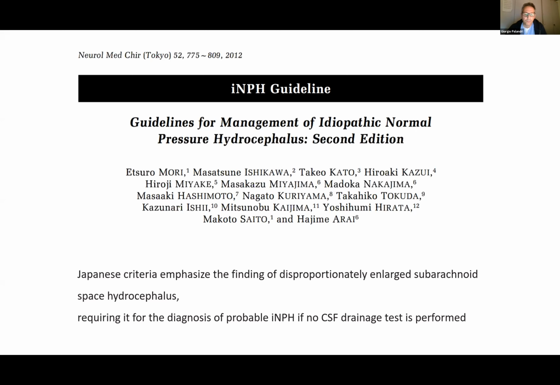If we go through the Japanese guidelines published in 2012, we can see that the Japanese criteria emphasize the finding of disproportionately enlarged subarachnoid space hydrocephalus, requiring it for the diagnosis of probable IMPH if no CSF drainage test is performed.